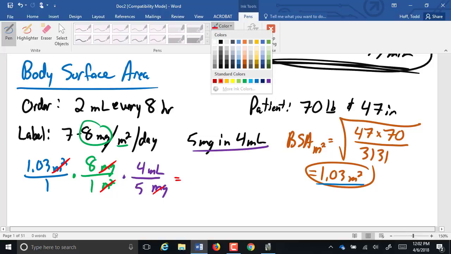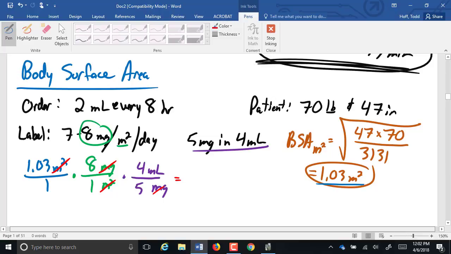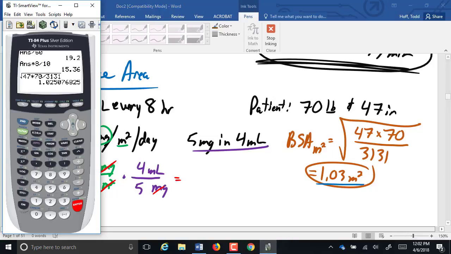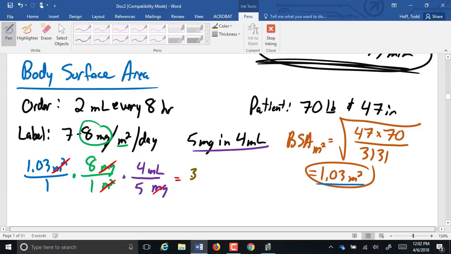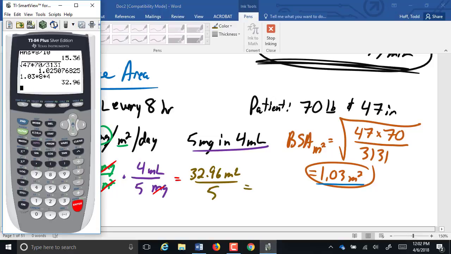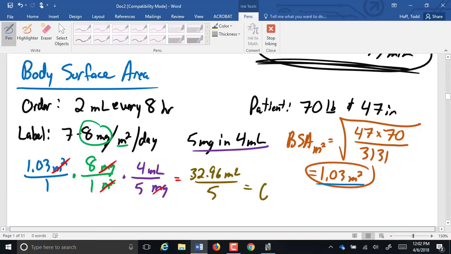We'll multiply this out. 1.03 times 8 times 4, 32.96. That's milliliters. 1 times 1 times 5 is just 5. So divide by 5. That is 6.59 milliliters.